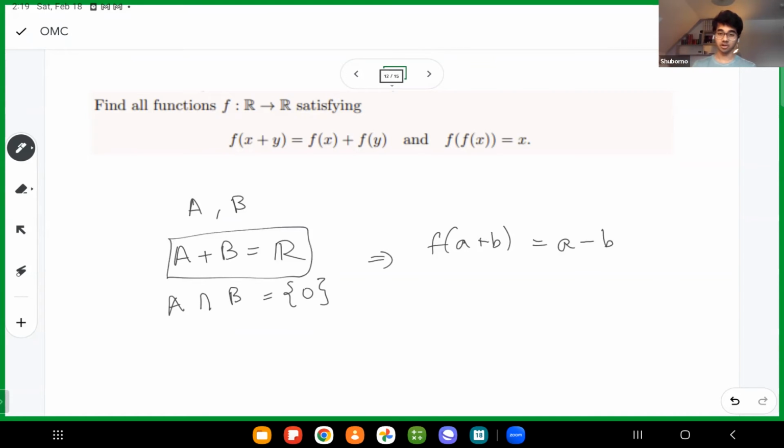Because it generates all reals, you can express any x in terms of a plus b and set that to a minus b. And that actually is the general solution to this question.